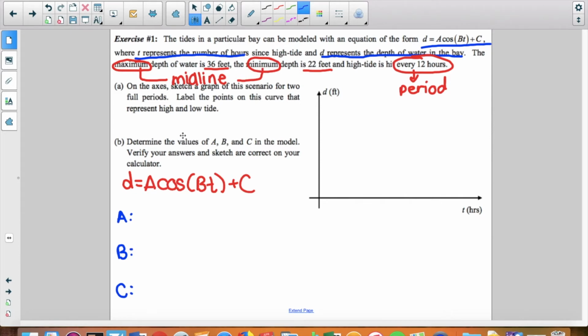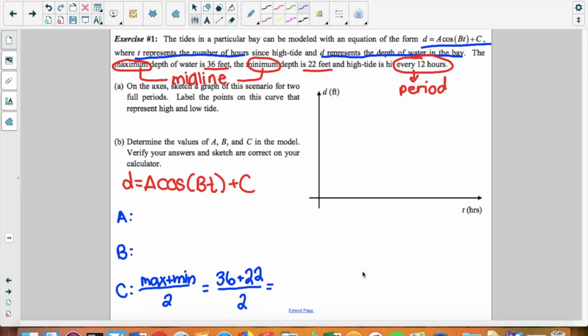So what I suggest to do is let's start finding the midline. To find the midline, we do max plus min divided by 2. The maximum was 36. The minimum was 22. We have to divide that by 2. Now we have to simplify this. So I'm going to pull up the calculator in case you need it.